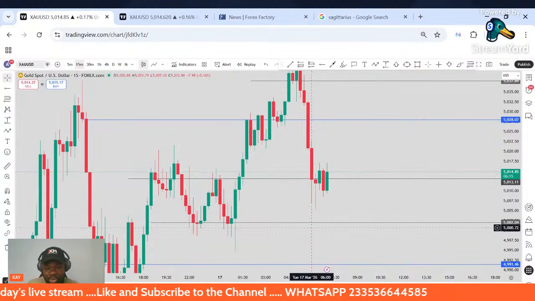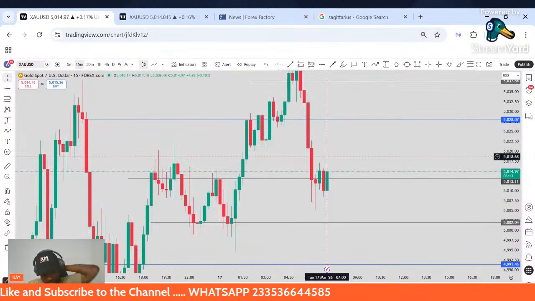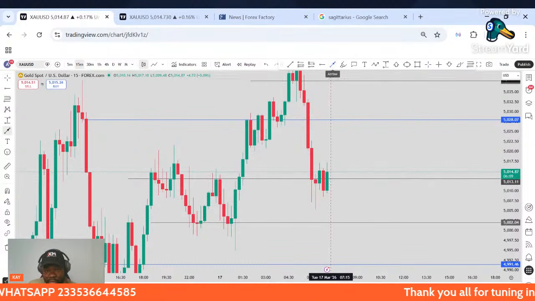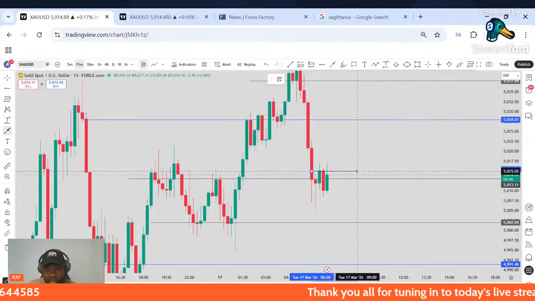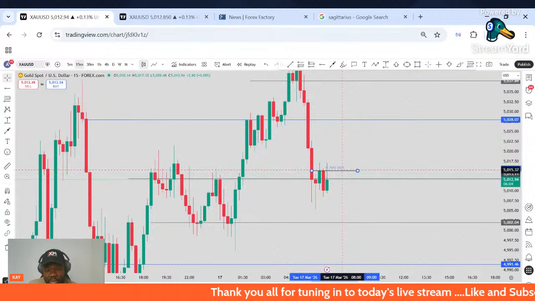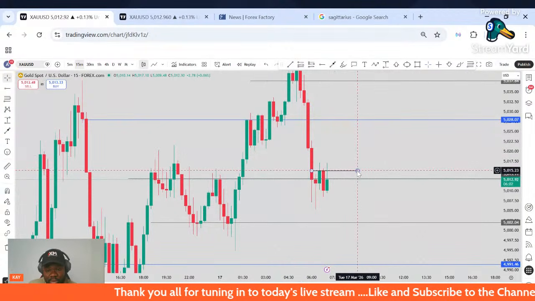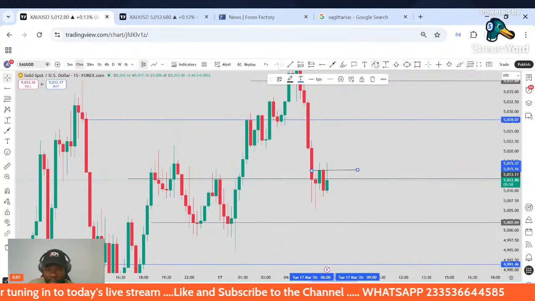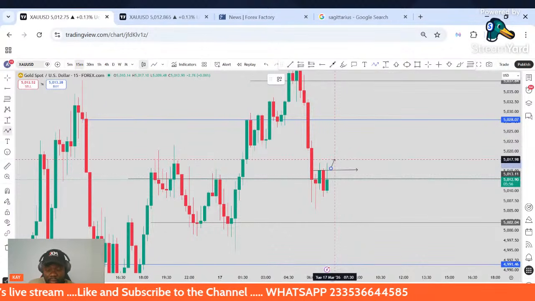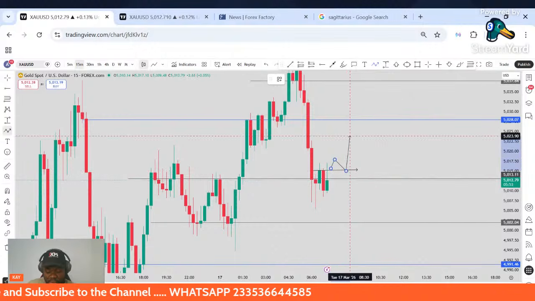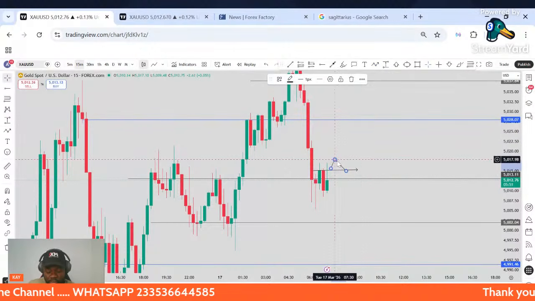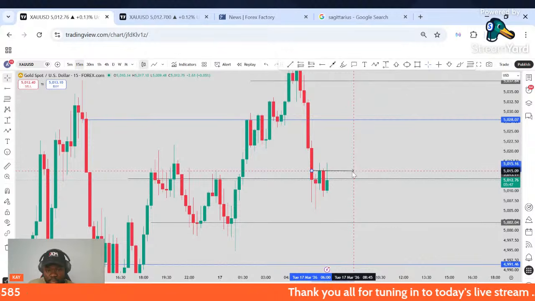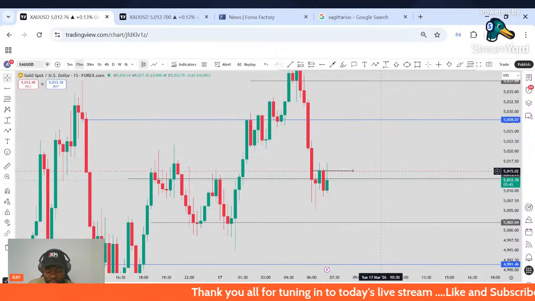Mostly, if this candle shifts, I would love to see the pullback. If it pulls back, then you get a continuation of the trend to the side. So that's what I'm waiting for.